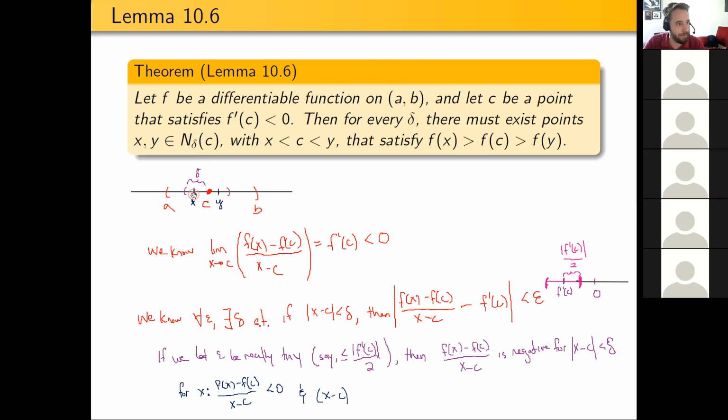We positioned it to the left of c, so x is less than c, and so x minus c is also negative. So for that chosen x value, the difference quotient is negative, but also x minus c is negative. And so we must have f of x minus f of c positive. And so therefore, we've got f of x is bigger than f of c.